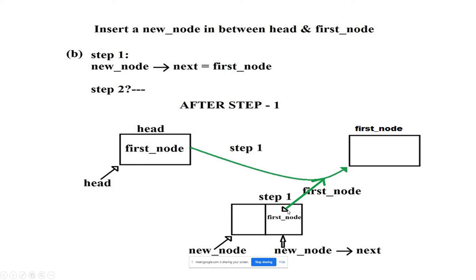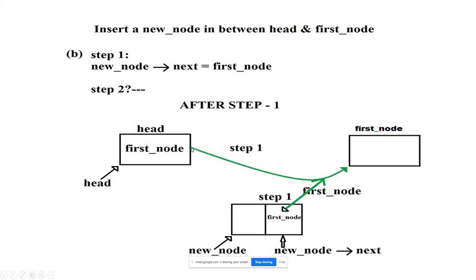That means, suppose there was already a head node which was already pointing to the first node, it additionally points to this new node also. So the diagram looks like what is drawn in the green lines. When you execute the first line, at the end of execution of the first line, it creates a pointer which points from here, new node, to the first node.